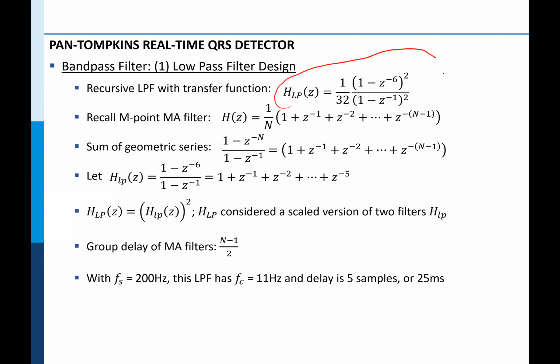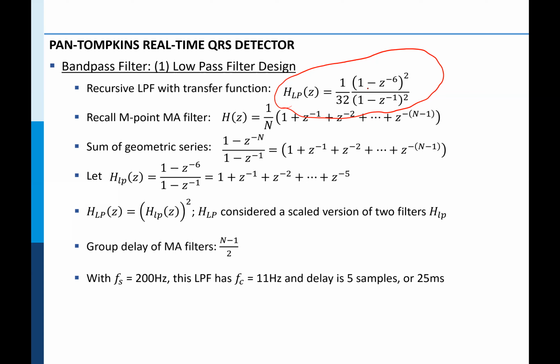If you look into this more carefully, this low-pass filter is a very neat filter with numerator and denominator polynomials, and definitely this is an IIR low-pass filter. But if I look into the coefficients of the numerator and the denominator polynomial, they carry integer values. Okay, in this specific case, they happen to carry either plus or minus 1 values. Okay. So this is an important aspect to keep in mind.